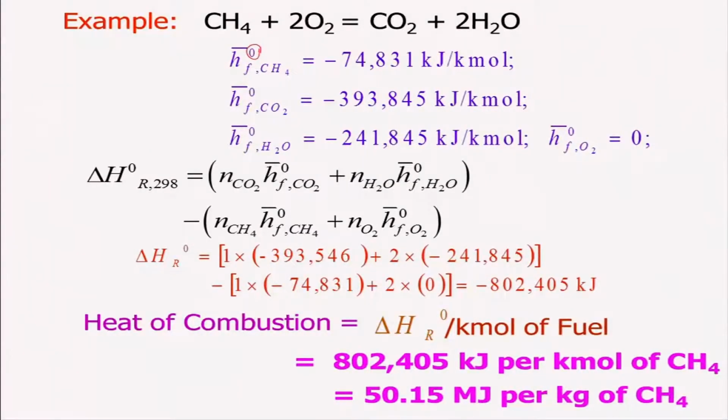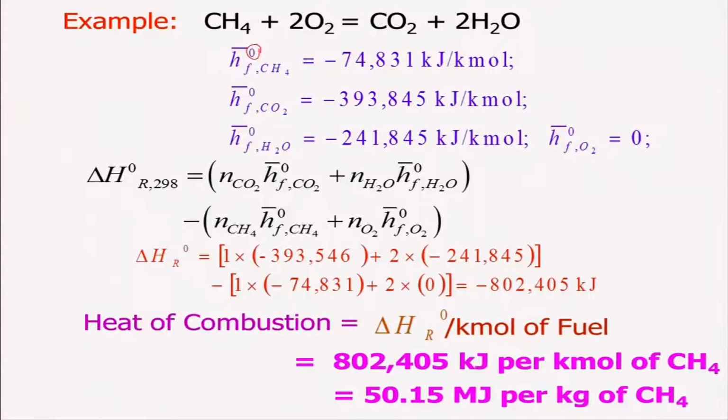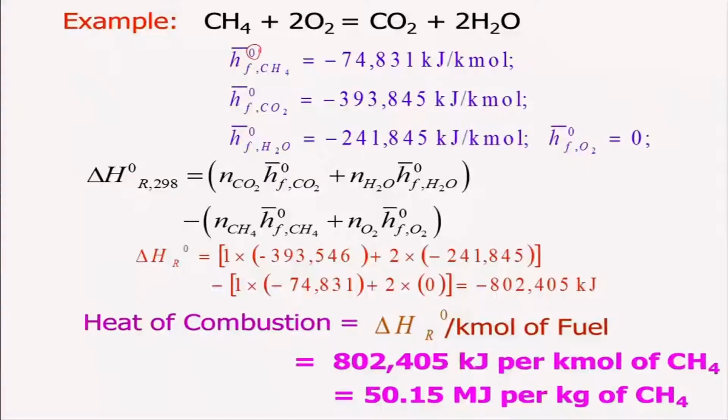That means if you burn 1 kg of methane, you will get about 50.15 megajoule of energy, which is a very, very large amount, right. Of course, unlike the nuclear reaction, which is much higher, but it is really quite a bit of energy.